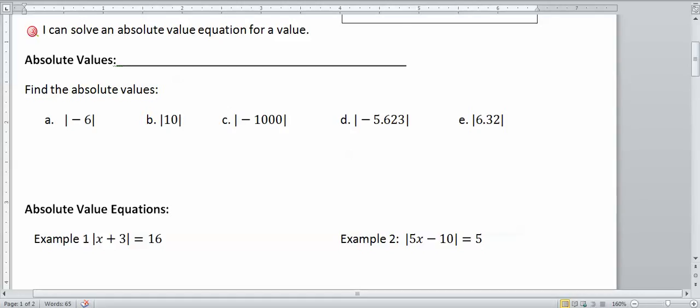Okay, so today we're going to learn about absolute value equations. Now, absolute value equations are just like normal equations, except they involve absolute values.